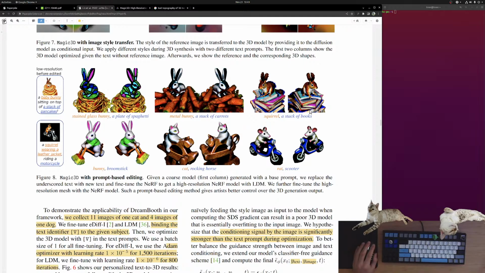This is really quite impressive, right? It didn't just try to take the stack of pancakes and paint them orange to make it look more like carrots. It's a completely different thing. It's actually the long carrot shapes and it's a stack of those. So this really is showing to me a deep understanding of the 3D world, which is pretty cool.